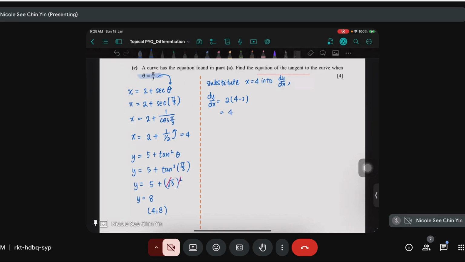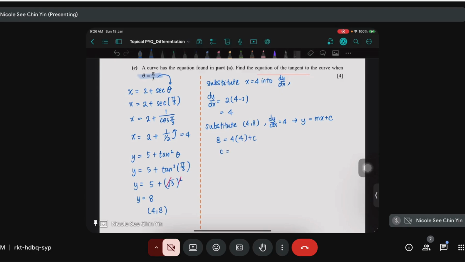Okay, so now I can form my equation of the tangent. I'm going to take my two pieces of information, substitute (4, 8) and dy dx equals 4 into y equals mx plus c. So from here I get 8 equals 4 multiplied by 4 plus c.